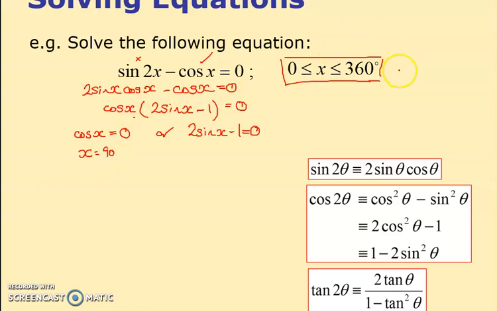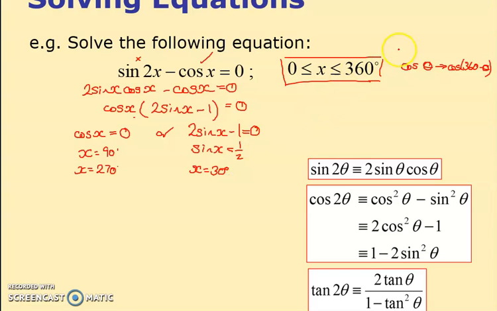You should remember that for cos of theta you get another answer at cos of 360 minus theta. These are rules that we've seen before, so another answer would be 270. For the other one, if I rearrange it, it gives me sine x equals a half, and the inverse sine of a half is 30 degrees.